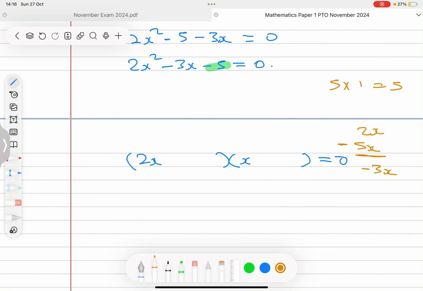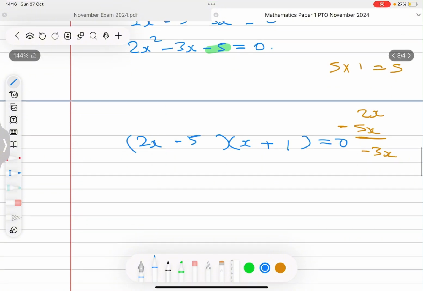So now the second bracket should start with positive 1, because remember it is the one that gave us this positive 2. And definitely the 5, we get it when you put it here. So it has to be a negative 5.